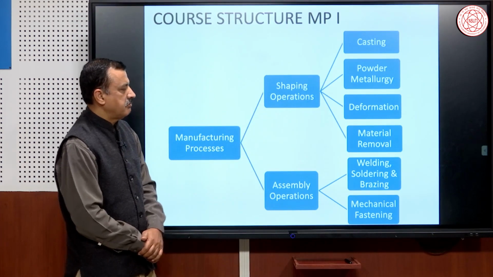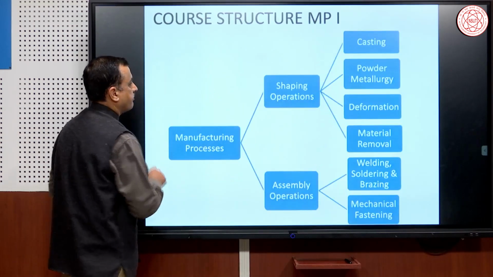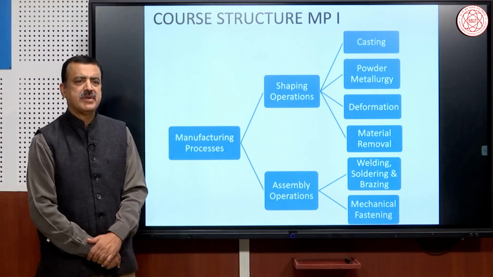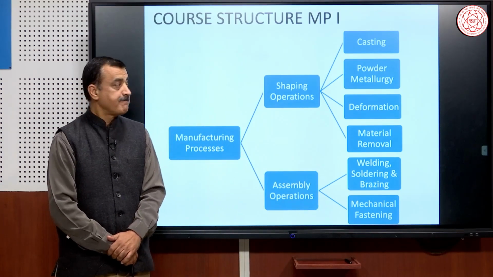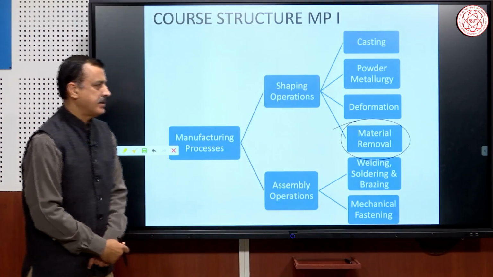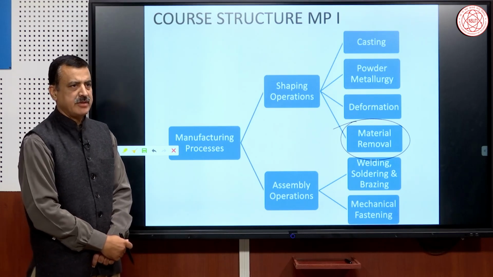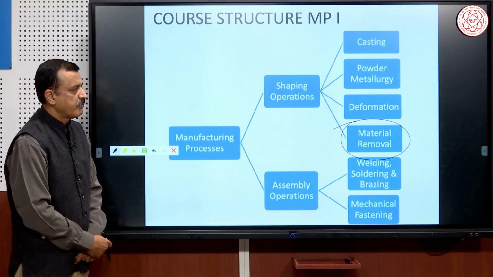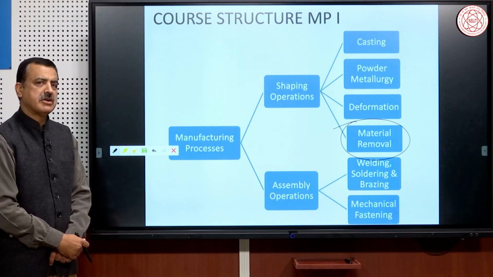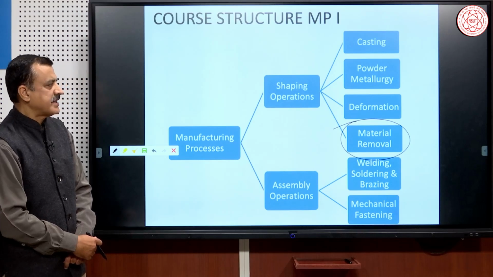And fifth was on plastic deformation processes, sheet metal operations, and bench work and fitting. You can see that material removal was not included as a unit in Manufacturing Processes 1. There is a reason for that. Actually, this is the topic on which the course content of Manufacturing Processes 2 is based. So let's have a look.